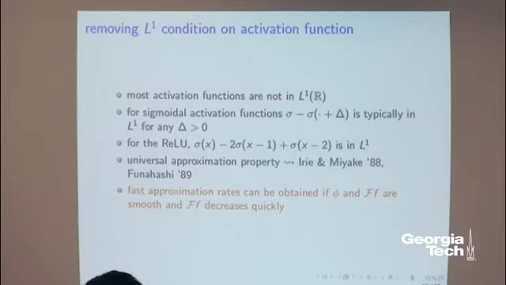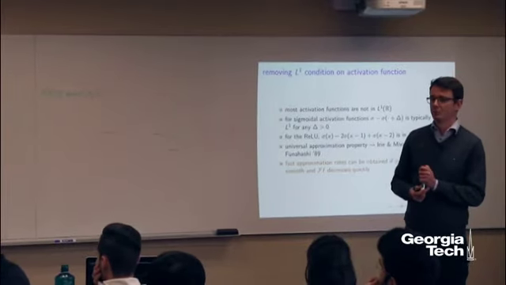If you have the ReLU activation function, which looks like this, and you want to make an L1 activation function out of it, you just take the second order difference here, and then you get something which looks like this. If you compute that, it gives you this function, which is of course an L1 function, and with this function you can use the representation formula from the previous page.